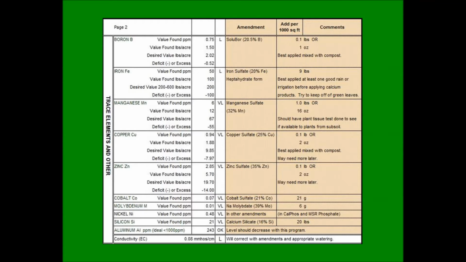Also in this section down here, we have aluminum. And aluminum is a toxic element, so we just sort of watch that so we don't get too much. Finally, at the bottom is electrical conductivity, the EC. And this is telling us how available the nutrients are in the soil solution.